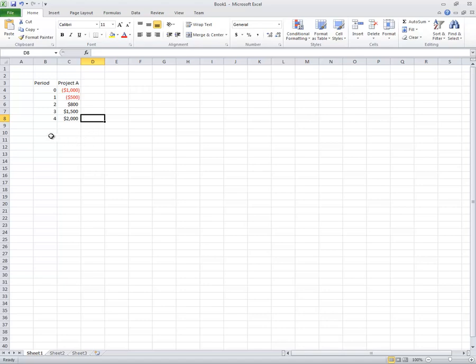Now let's find the rate of return. So I will say that IRR will equal, and then I will go to this cell, and I will put the equal sign, and as soon as I put the equal sign I have the functions here.